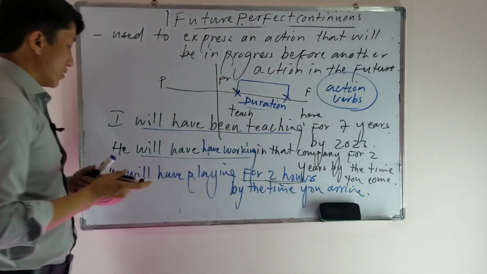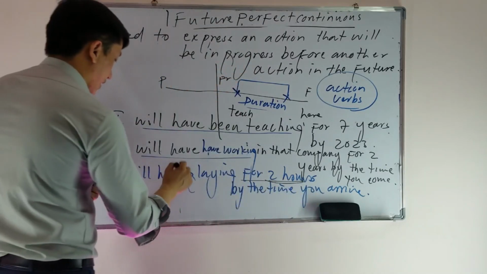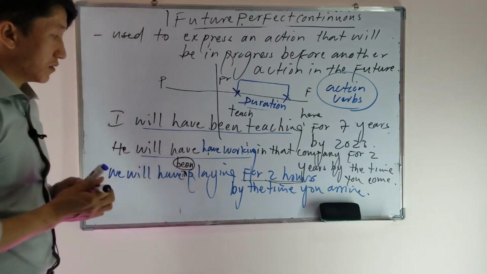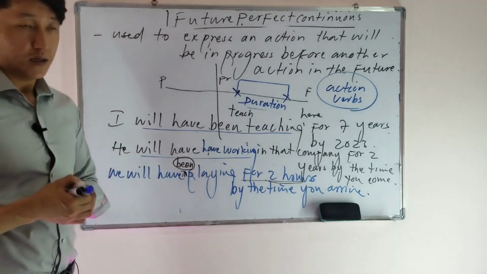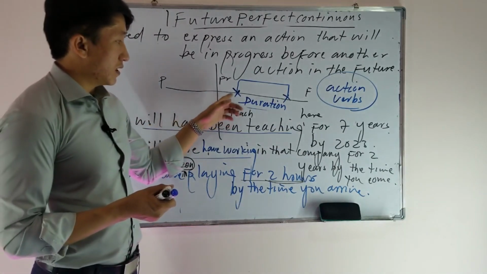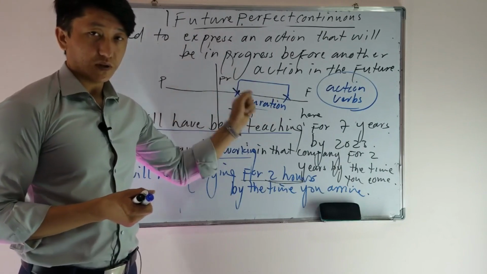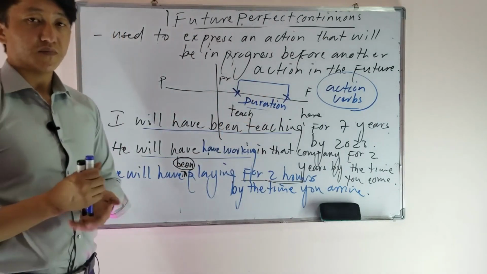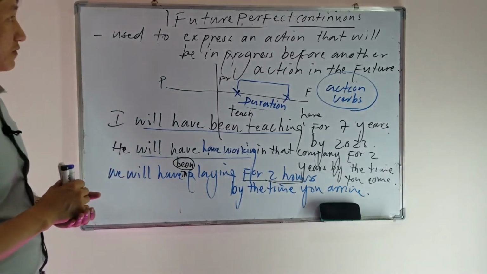So we can say we will have been playing for 2 hours by the time you arrive. So this action of playing will start in the future and will continue for 2 hours by the time you come back or arrive. So we have to use future perfect continuous tense.